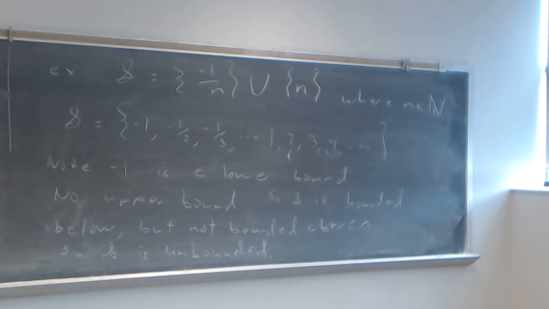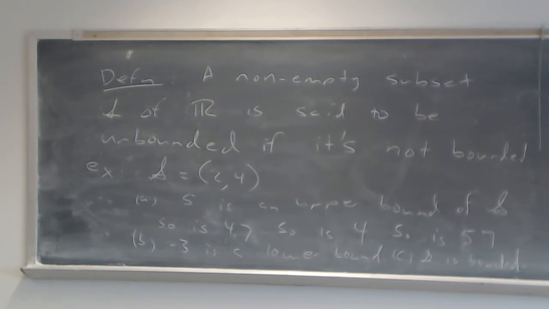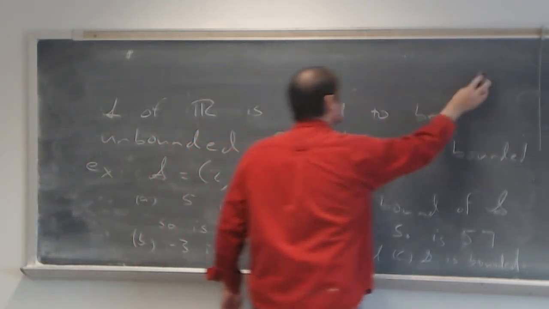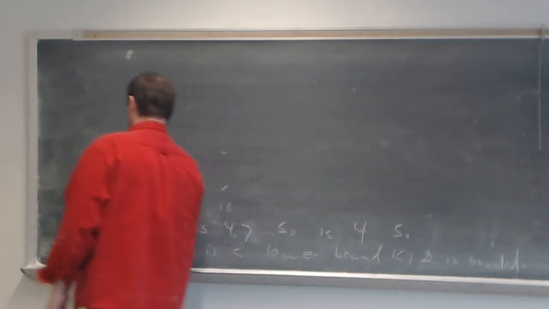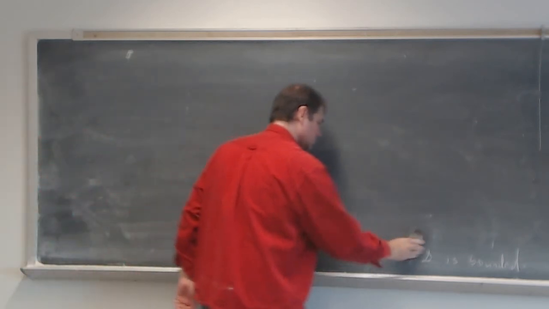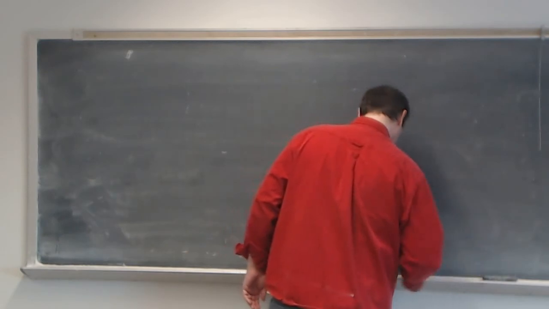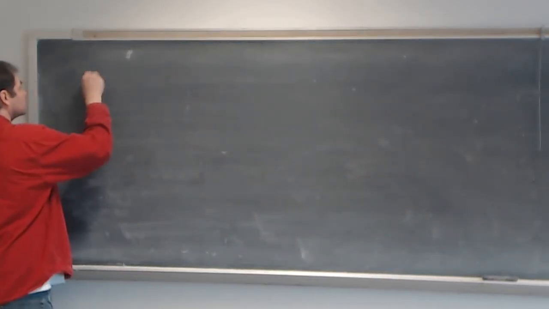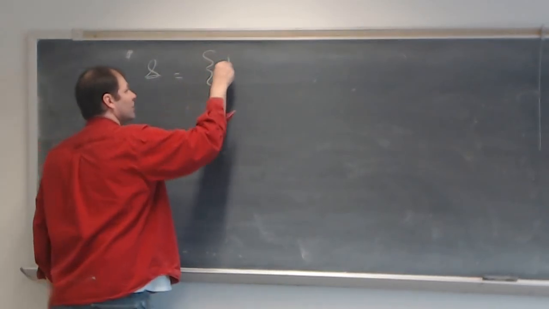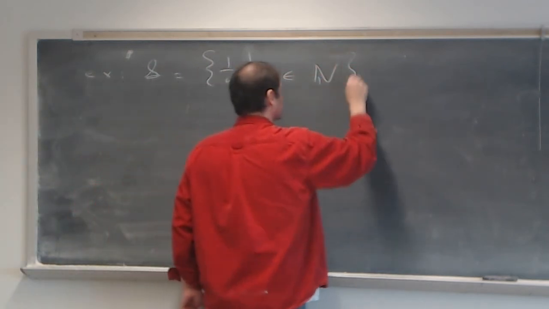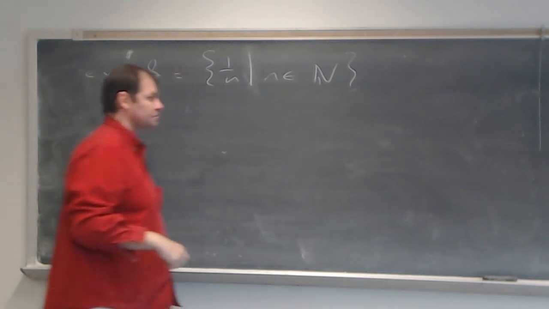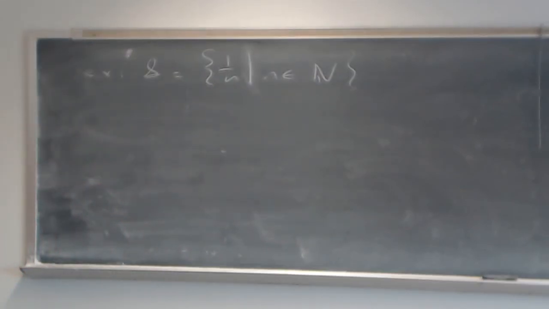While we're playing around looking at examples, let's look at one more example. Let script S be equal to 1 over n, such that n is a natural number.